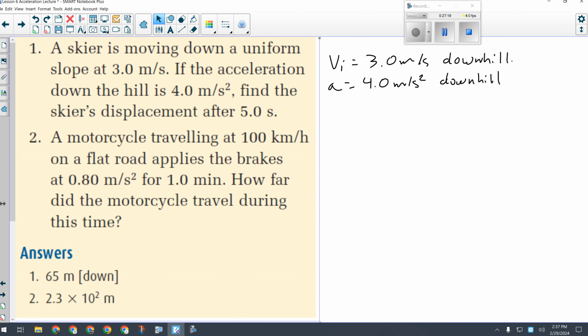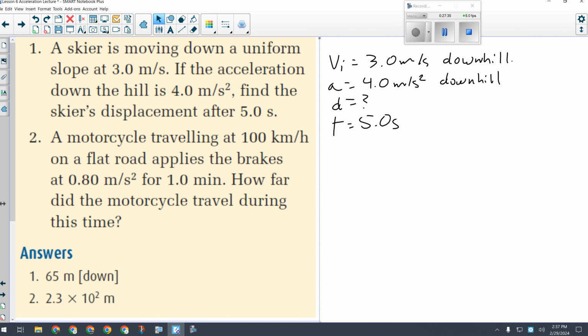Okay, find the skier's displacement after 5 seconds. Okay, so we're using the same formula here, and we don't even have to manipulate it because it's already set up to solve for D. We just have to plug in our numbers.